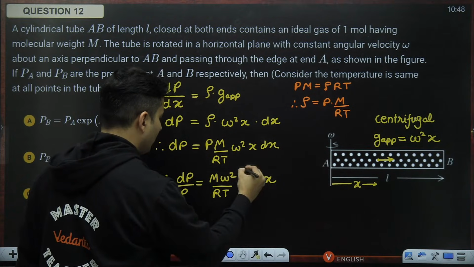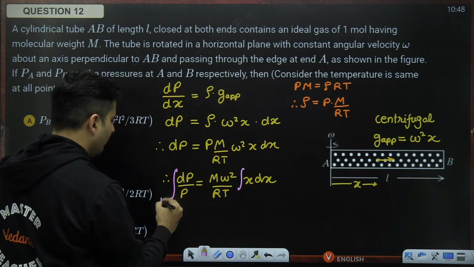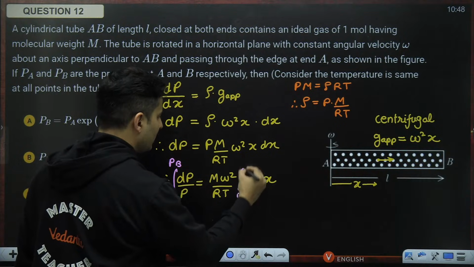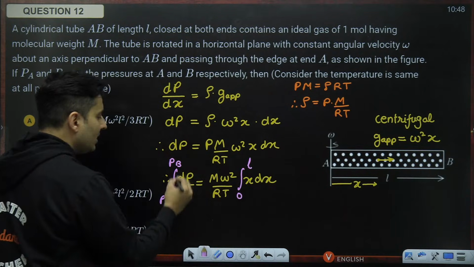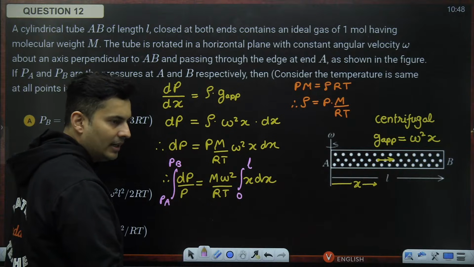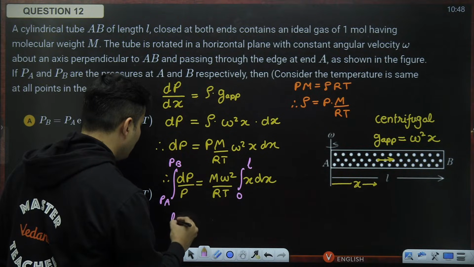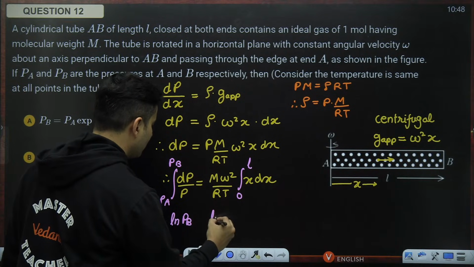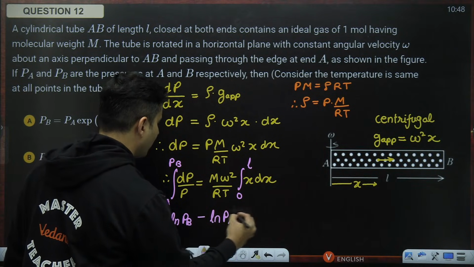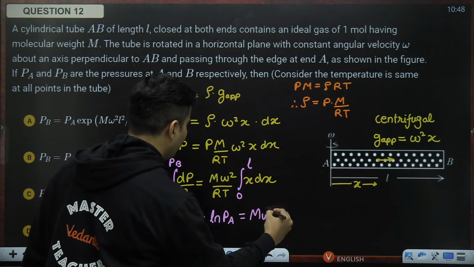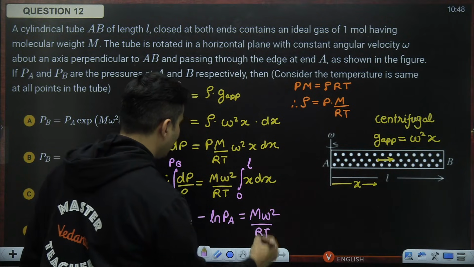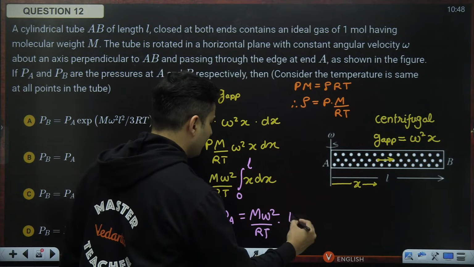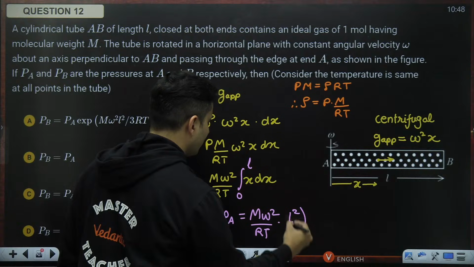Now comes the time for your integration. When I go from pressure A to pressure B, my x will change from 0 to L. This is 1 by P integration, which is log of P, so it becomes ln P. So log of upper limit minus log of lower limit is equal to M omega square by RT, and this will be nothing but x square by 2, which means it will become L square by 2. That's it.